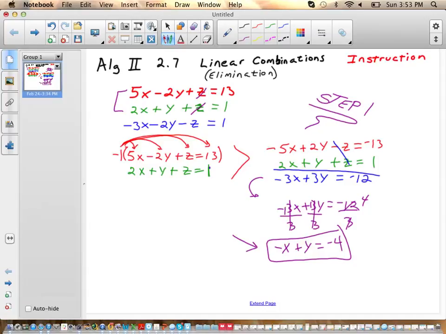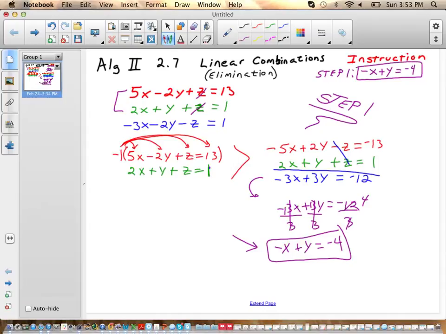I need to keep track of that, because I'm going to need it in a little while. So step 1, after eliminating the z, produced negative x plus y equals negative 4.